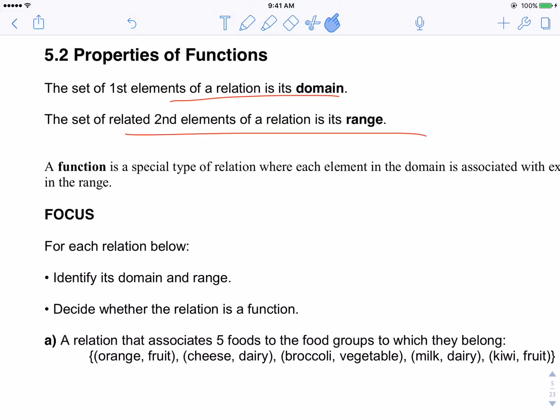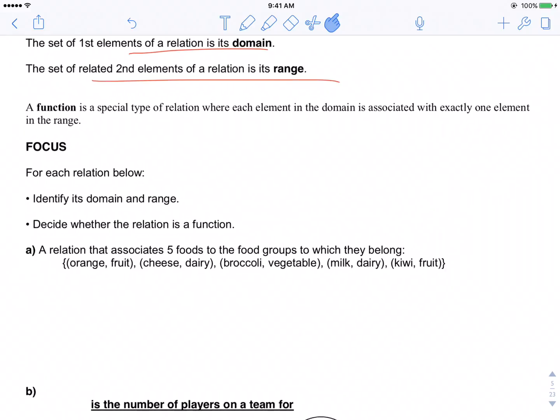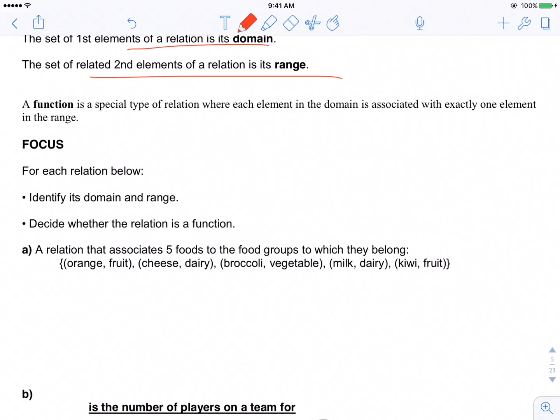So remember that, as well as we're going to look at something called a function. A function is a special type of relation where each element in the domain, so each domain value, is associated with exactly one element in the range. This idea of a function is really important.